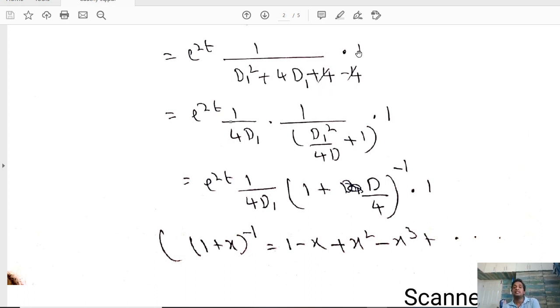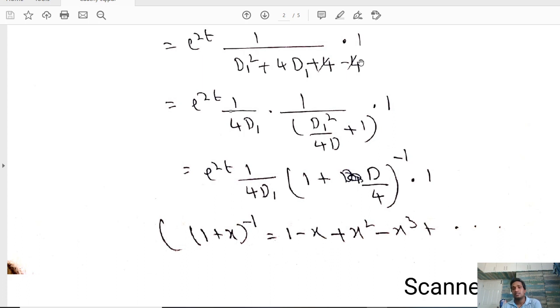So this is in terms of x: 1 means x power 0. So we follow the method in which x power n is there. So I am taking 1 by 4 D1. Why I am taking it like this: it becomes in terms of 1 plus x whole power minus 1. See here, 1 plus x whole power minus 1 is 1 minus x, and so on.